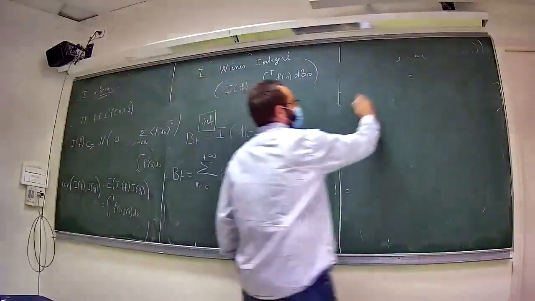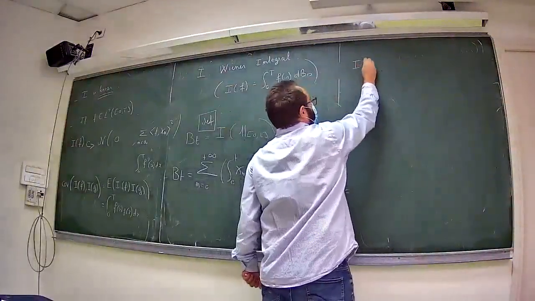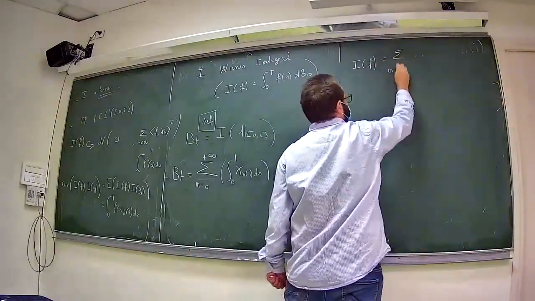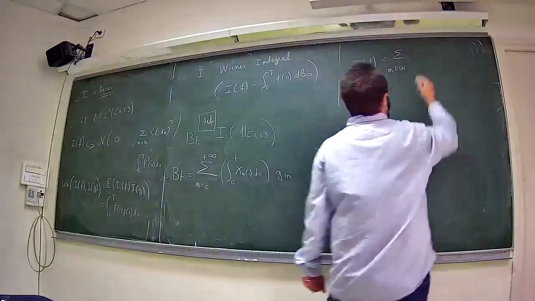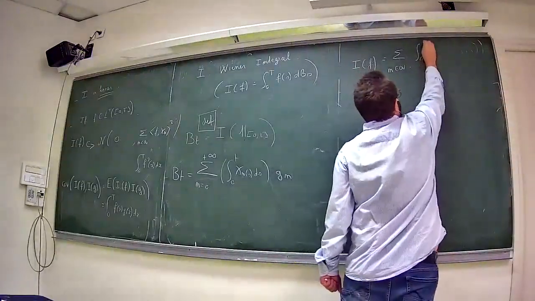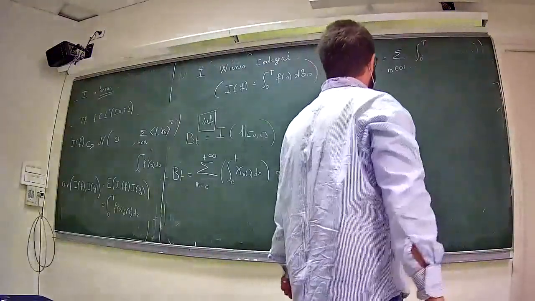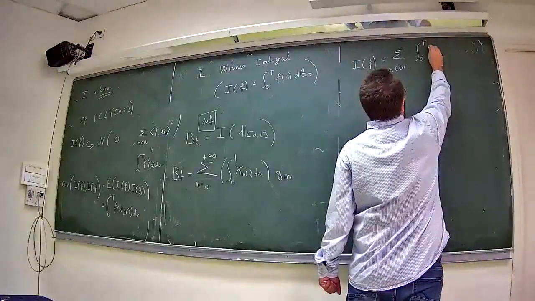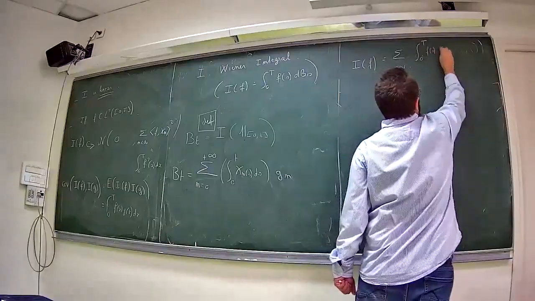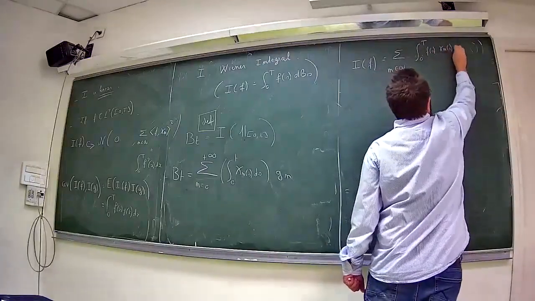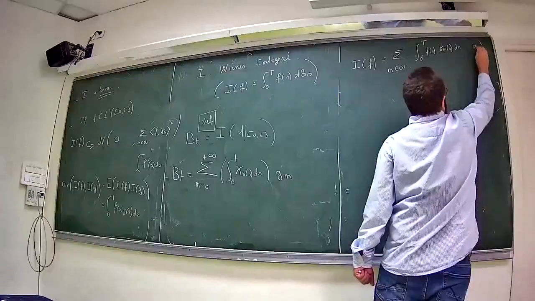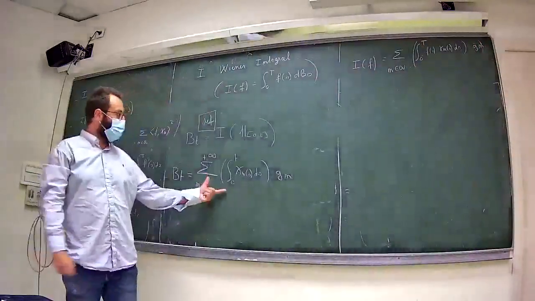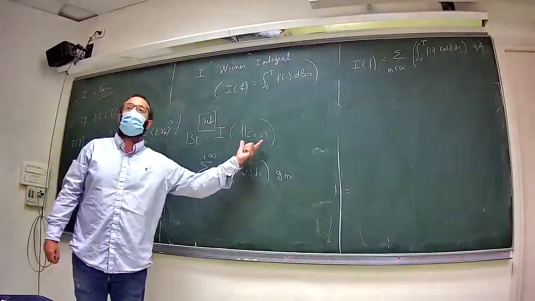If I come back to I of f, it was defined as the infinite sum of the integral between 0 and capital T of f of s, e_n of s, ds, multiplied by g_n. This one is a particular case, taking for f the indicator function.